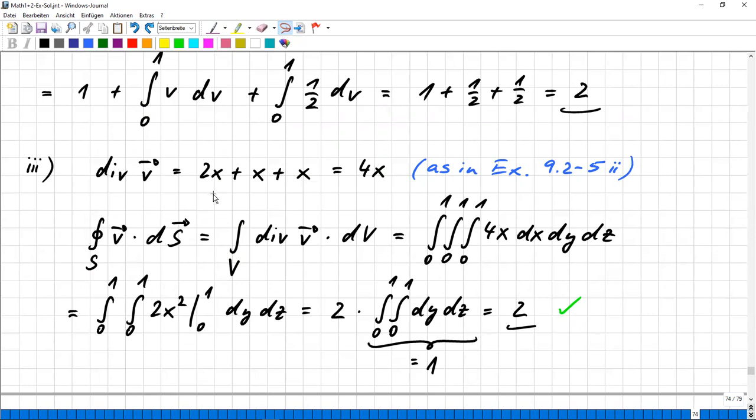This is the first component differentiated with respect to x, as always. So x squared partial for x gets us 2x. Look again, we've done this before in exercise 9.2, number 5, the second. This was where it was all about rotation, divergence, and so on. I put it here again.